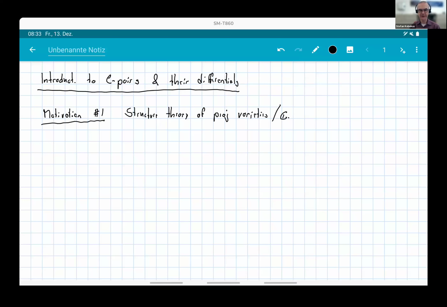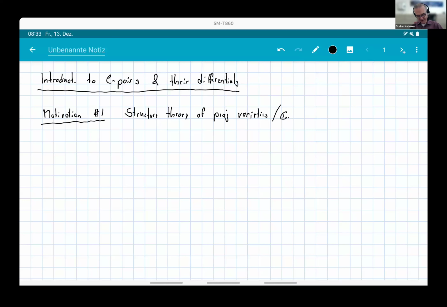The structure theory of projective varieties over the complex numbers has seen a tremendous success over the last, I don't know, 40 years. Starting with a theory of surfaces pioneered by the Italian school at the end of the 19th century, beginning of the 20th century, and then again in higher dimensions, starting with the work of Shigefumi Mori.